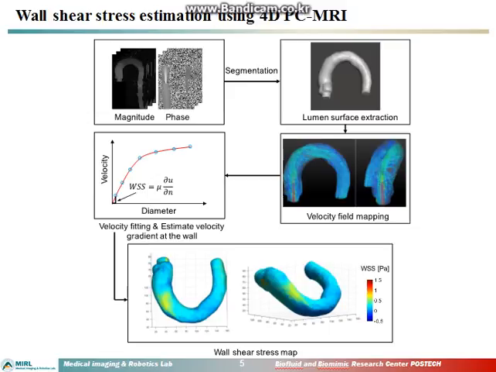Consequently, wall shear stress can be obtained by multiplying the obtained velocity gradient and the blood viscosity, assuming that the blood viscosity is constant at around 4 cP. Finally, the obtained wall shear stress is usually visualized using color-mapped surface rendering to distinguish the low and high wall shear stress regions.